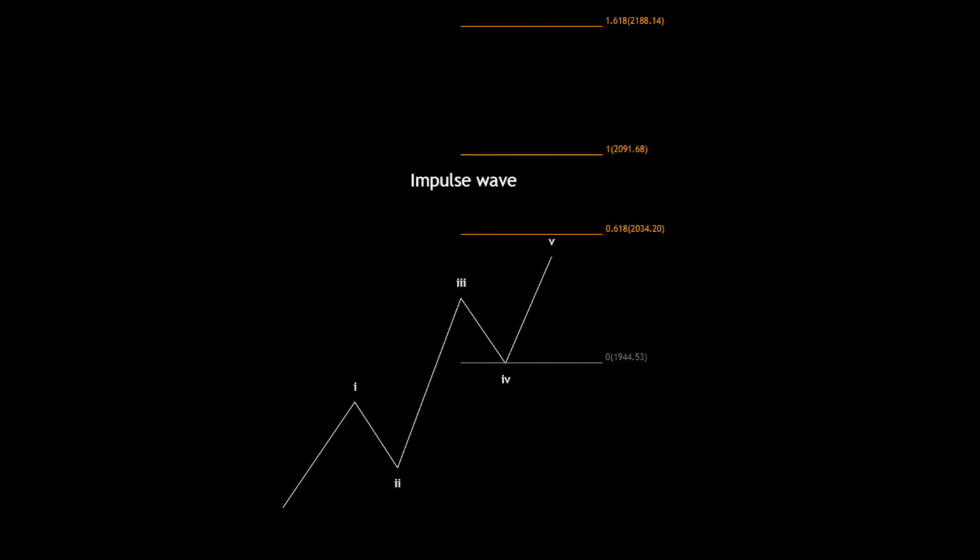This is measured from the start of wave 1 to the end of wave 3 and projected from the end of wave 4. To complete the whole 5-wave structure, wave 5 should have regular divergence with wave 3 on a momentum indicator, RSI for example, but more about this subject in a later video.